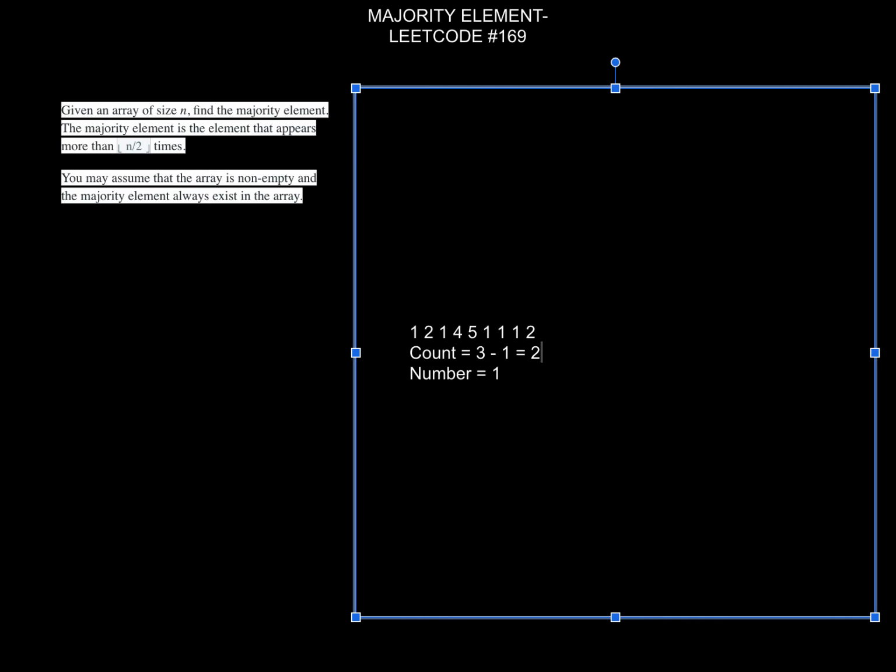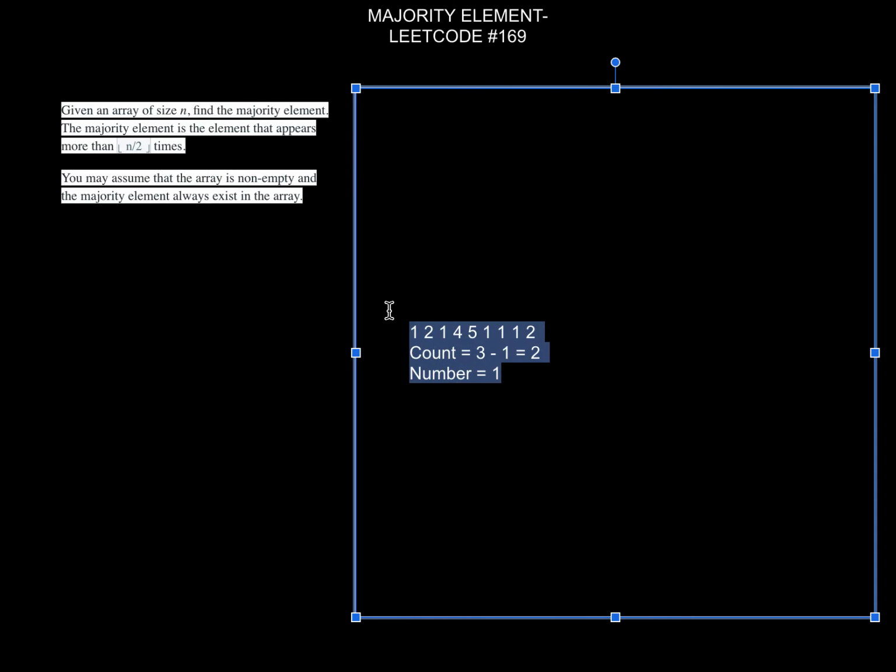So the only time that we change what our current majority element is, is if we find a new element that doesn't match our current number, and we reduce 1 from its count, and count is equal to 0, then we change the value of number. So in this case, count is not equal to 0, so we keep the value of number.